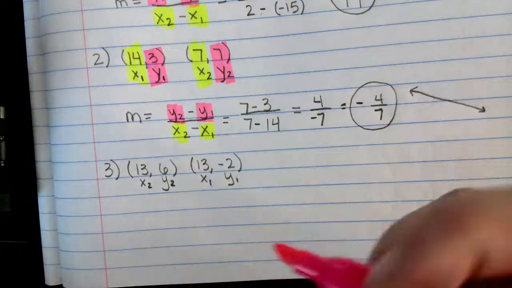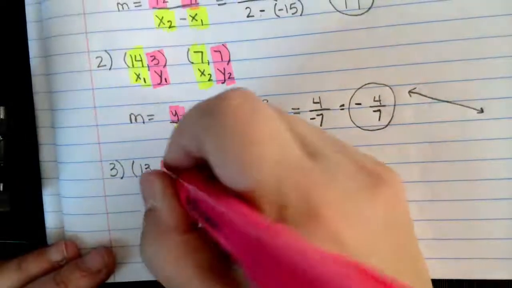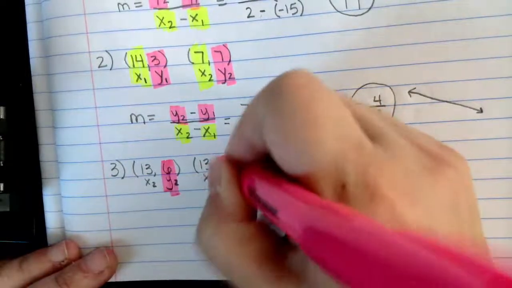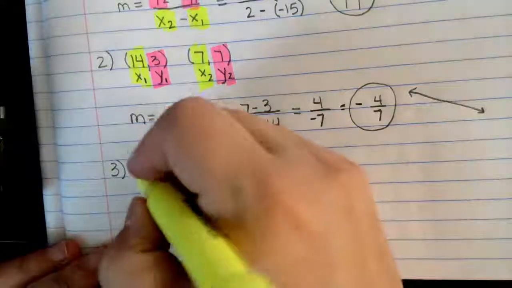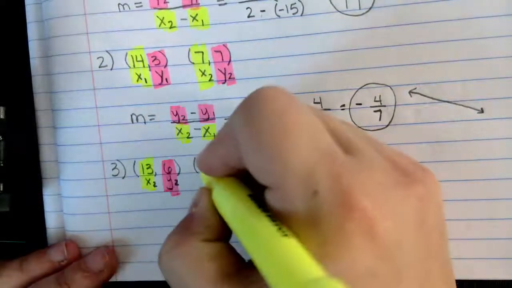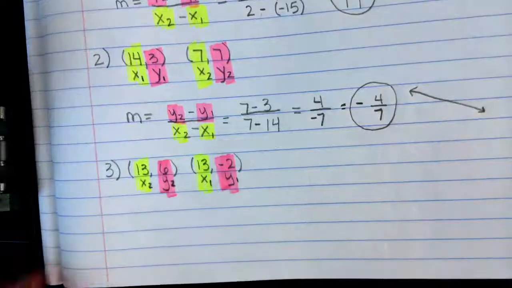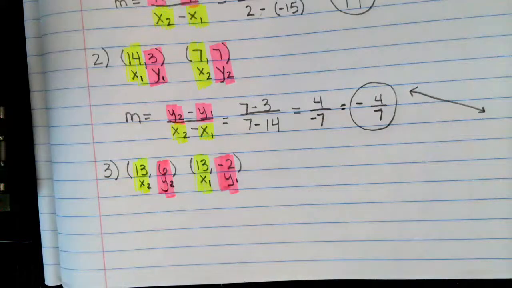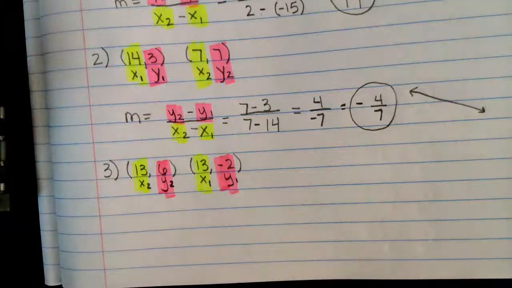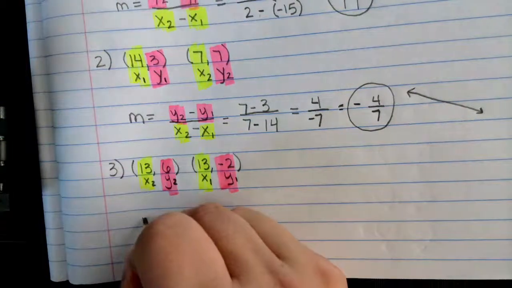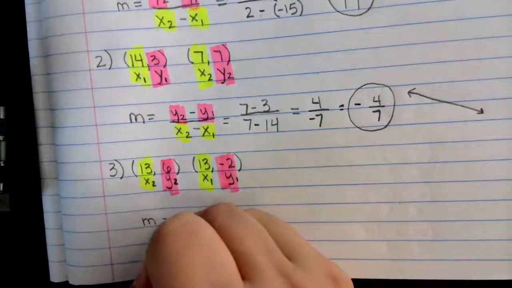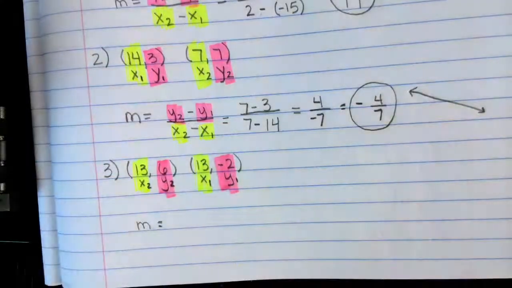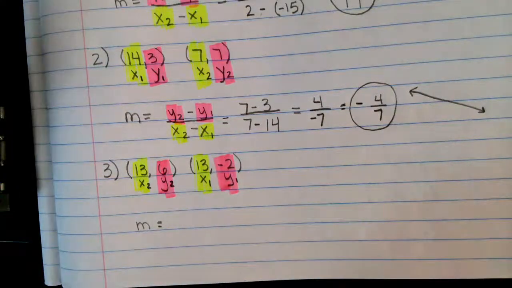All right, last time I'm going to highlight. I'm going to highlight my y's in pink and my x's in yellow. Do we switch it to y1 now, or do we still do y2? Still going to be y2. When we're given a formula, we technically could switch things around, but usually with formulas we don't ever switch anything.